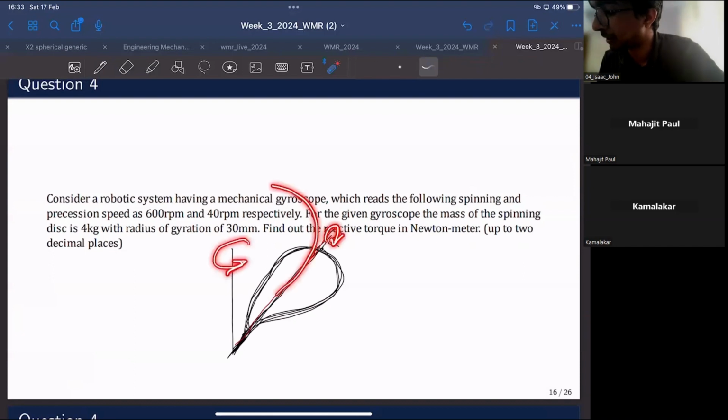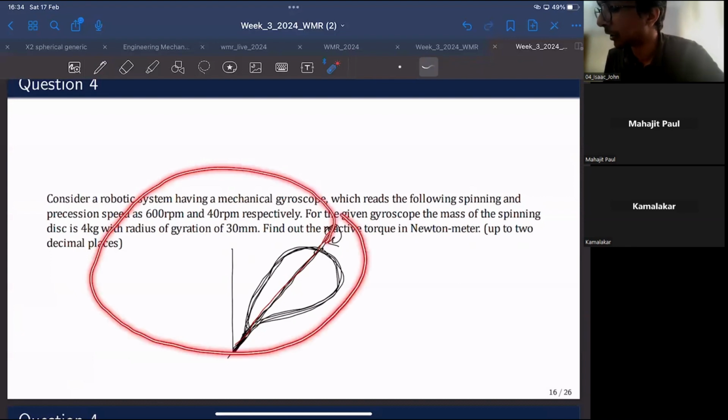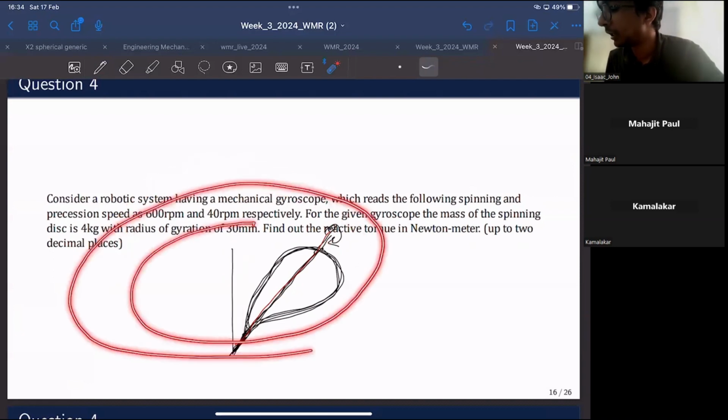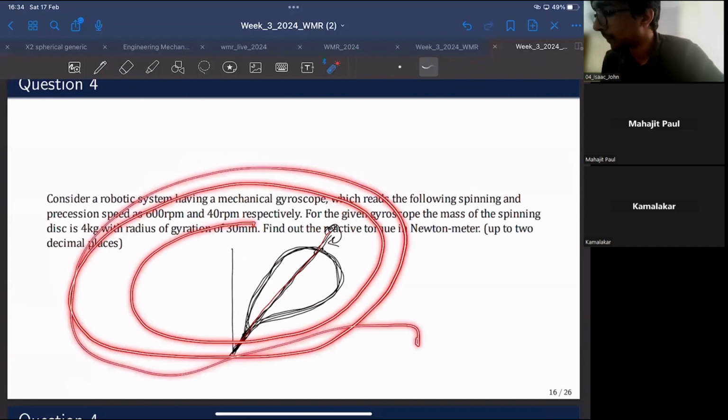It will basically precess. As the top is spinning, it will also have a precessional rotation about some other axis, right? And eventually this precessional radius will increase, and eventually the top will fall down.